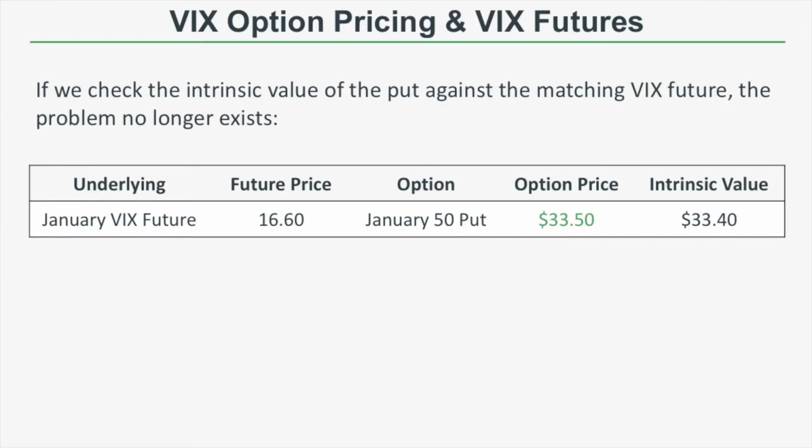Okay, so now we're looking at the January VIX future, which is trading for 16.60. Looking at that same January 50 put, we can see that the options price is $33.50, while the intrinsic value to that January VIX future of 16.60 is $33.40. So when we look at the options price to the corresponding VIX future, we can see that the options price is very accurate and it's almost priced exactly to the VIX future.